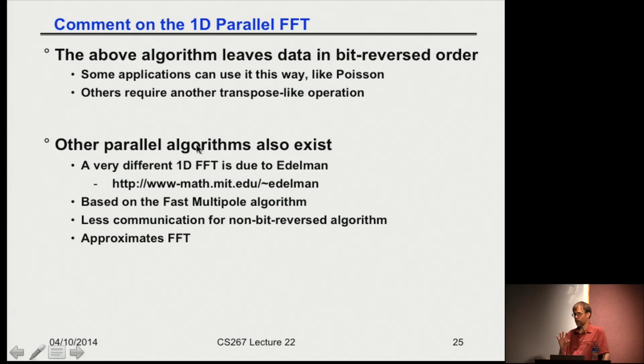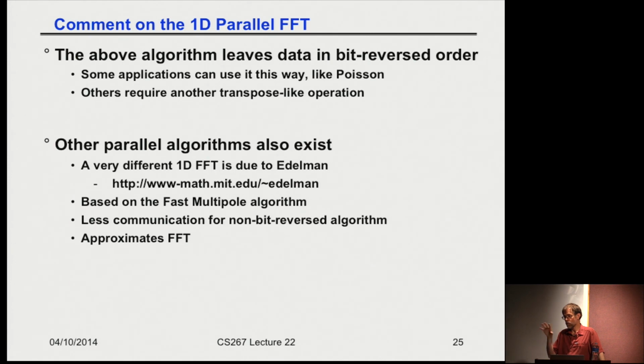So let me just, before I leave this basic study of the FFT, mention that there are other algorithms which are completely different. The one I just want to mention is an idea due to Alan Edelman. He wrote it down a long time ago, and it's actually based on the fast multipole algorithm. So what he does is he thinks of all the roots of unity as being points on the unit circle.